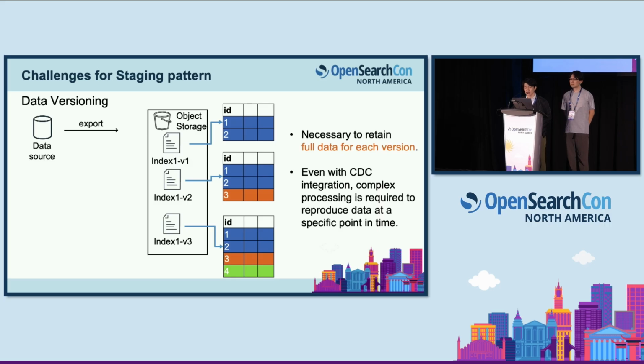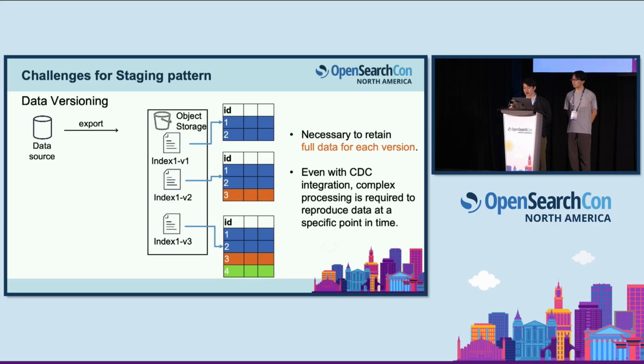So, when implementing data versioning, if you're managing data based on Parquet files, where the data source exports all the files every time, you need to keep all the files every time. That's the only way to achieve this data versioning.